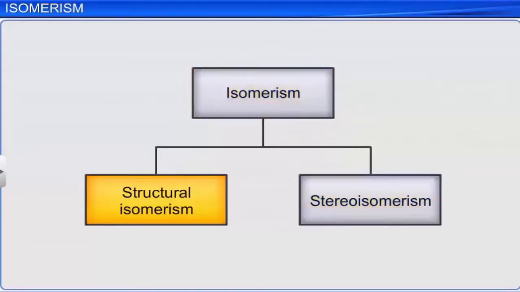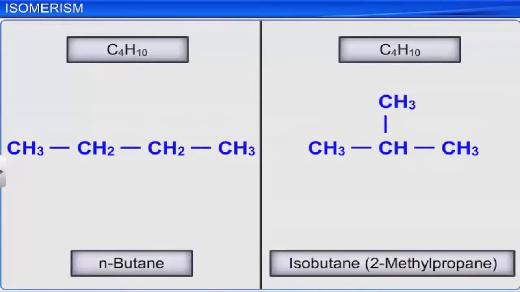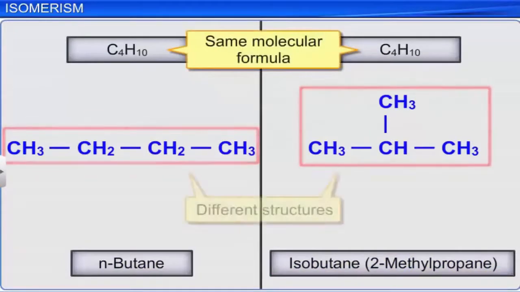The compounds that have the same molecular formula but different structures are known as structural isomers, and the phenomenon is known as structural isomerism. For example, in n-butane and isobutane, the molecular formula is the same but their structures are different.